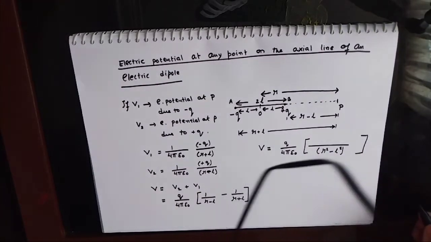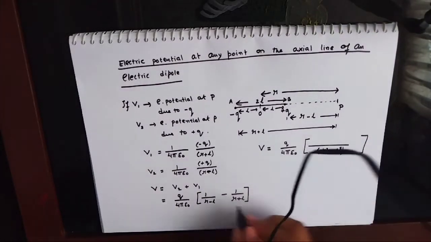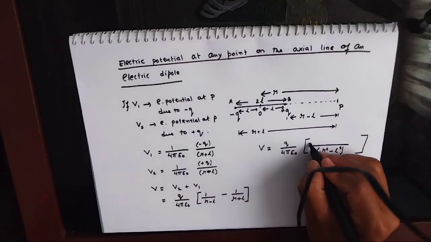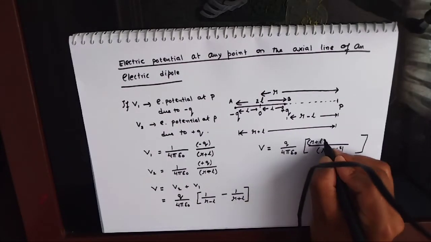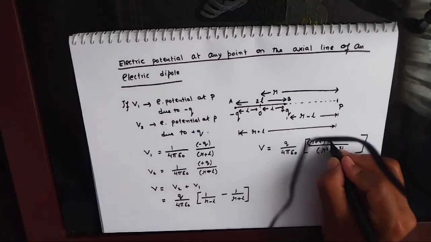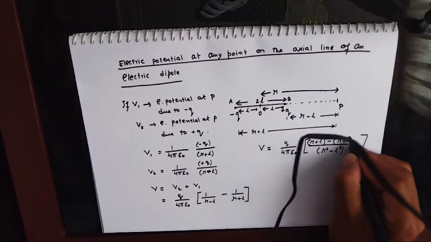Then if you cross multiply, you will have R plus L minus R minus L.